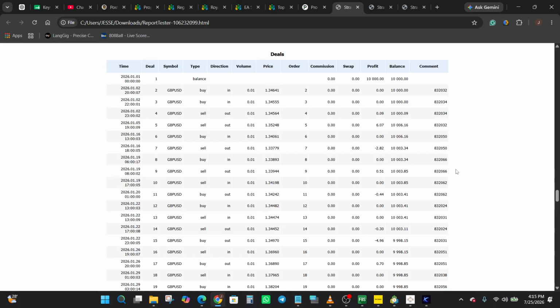The average holding time is around 9.5 hours, with trade durations ranging from under an hour to several days depending on market movement. Now, while trades are primarily opened one at a time, there are occasional instances where multiple orders are placed within close proximity during structural setups.